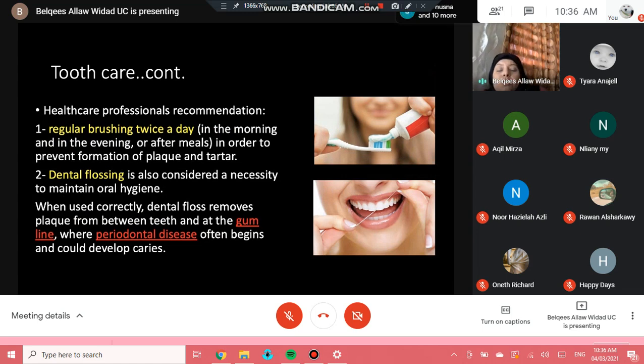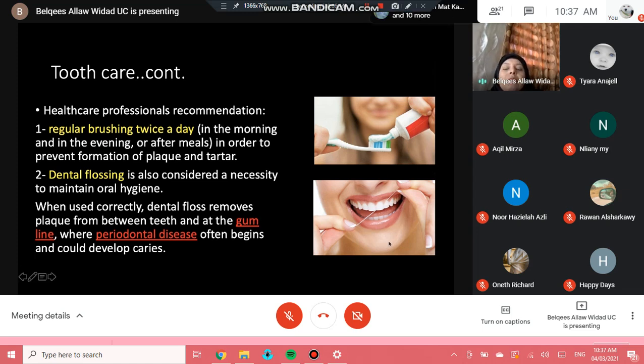For the healthcare professional recommendation, of course, they advise you to do regular brushing twice a day or after each meal. Of course, dental flossing: people sometimes do toothbrushing, but they still complain of bad odor or bad smell from the mouth.